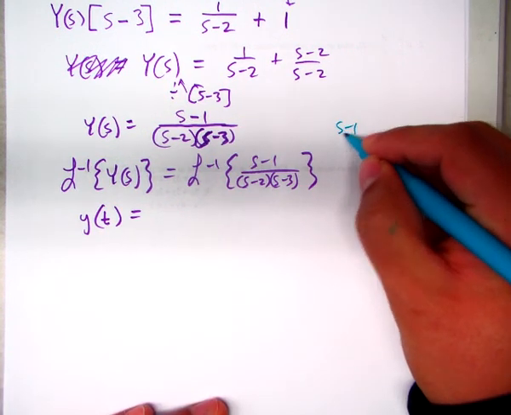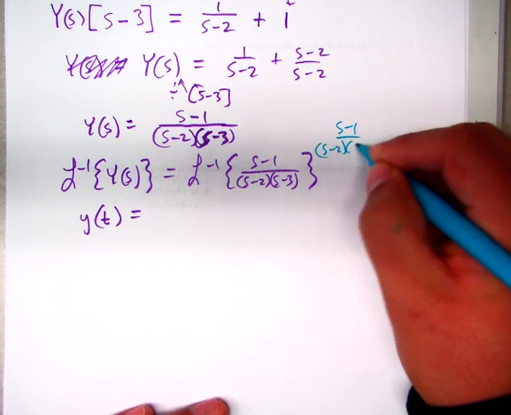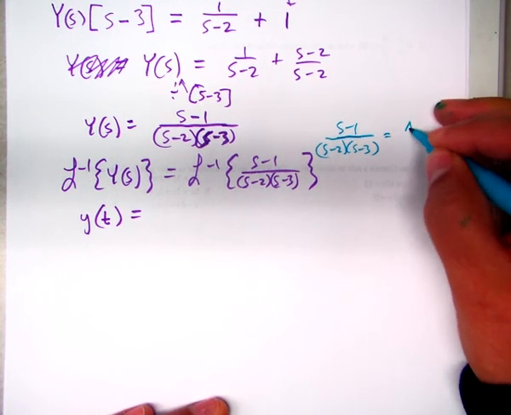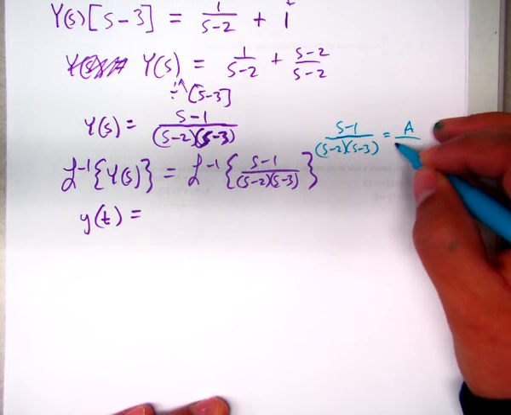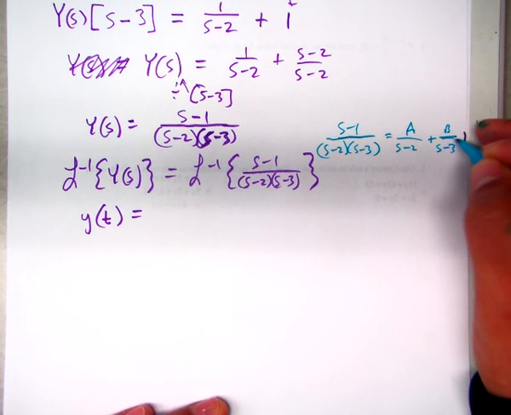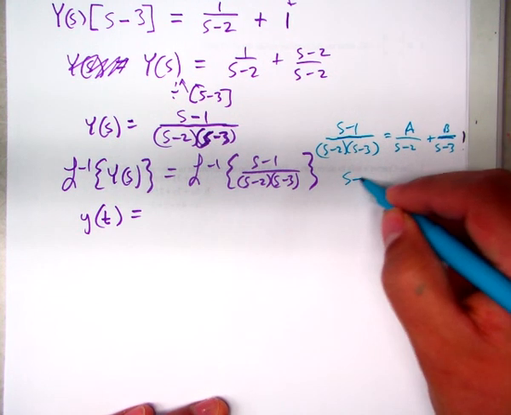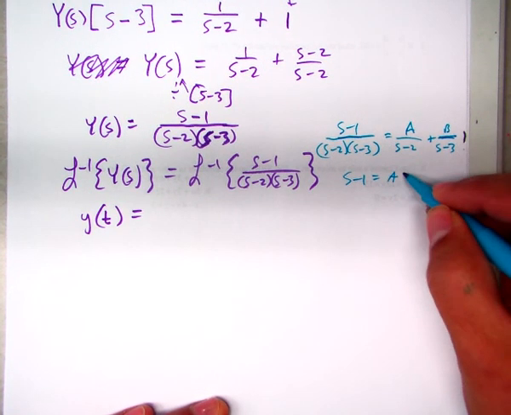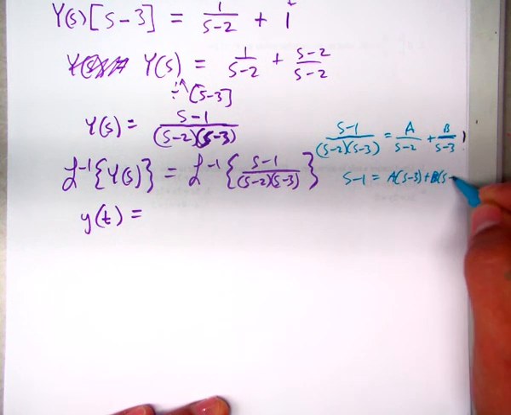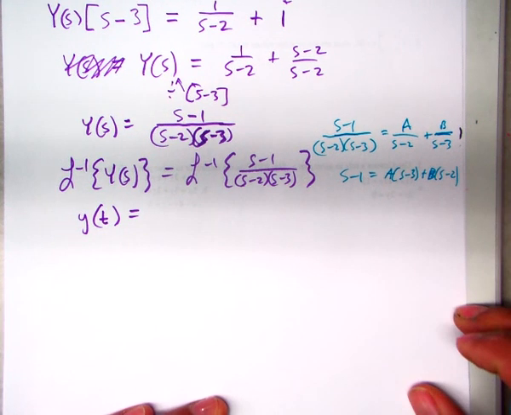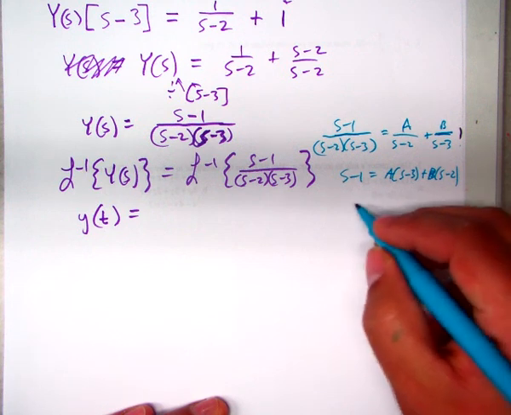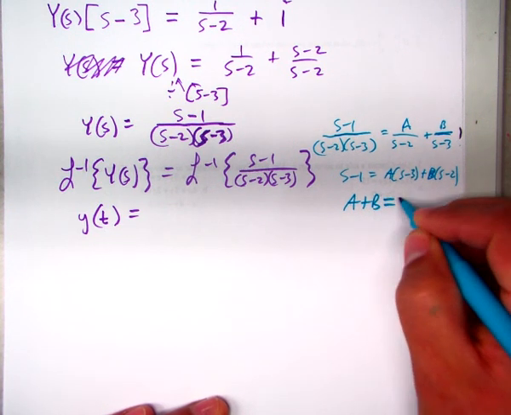s minus 1 over s minus 2 times s minus 3 will be decomposed into a over s minus 2 plus b over s minus 3. So s minus 1 will equal a times s minus 3 plus b times s minus 2. So a plus b has to equal 1.